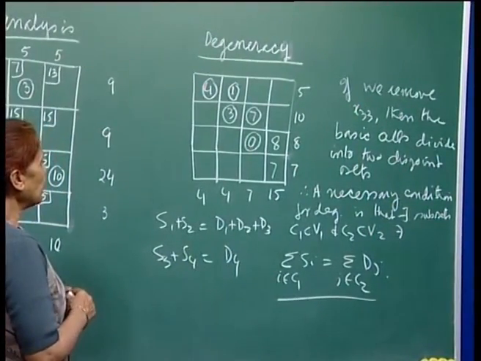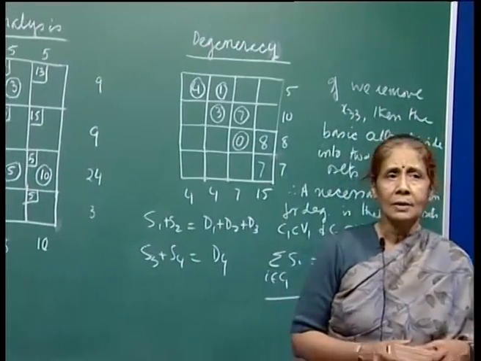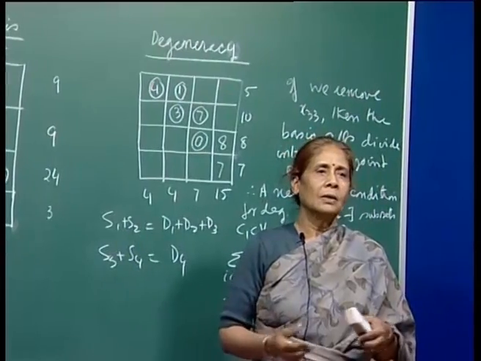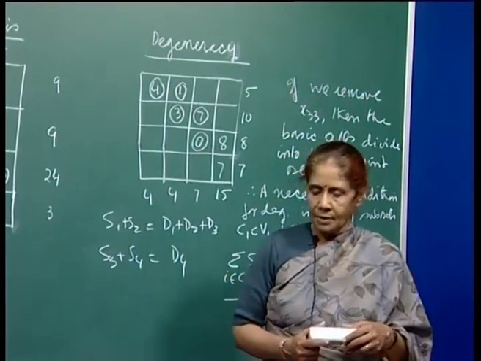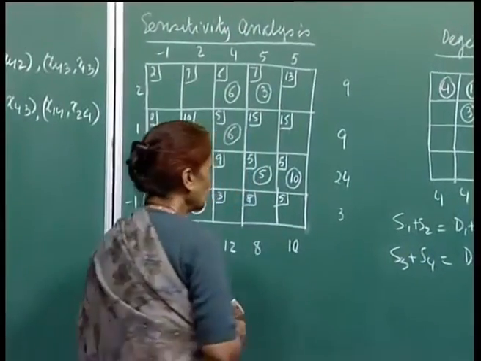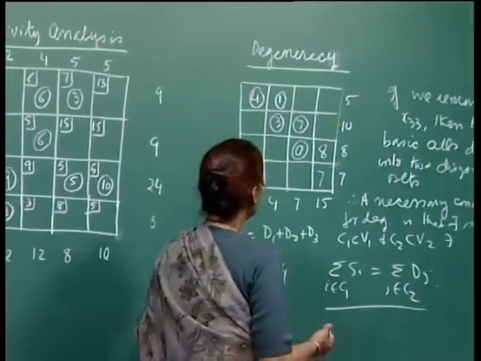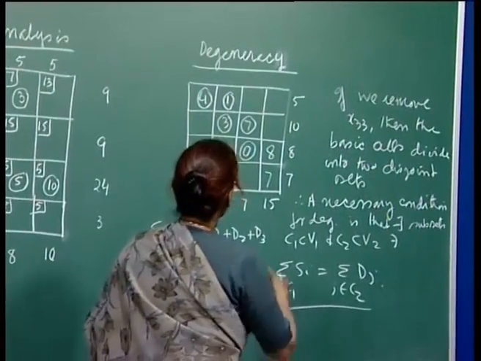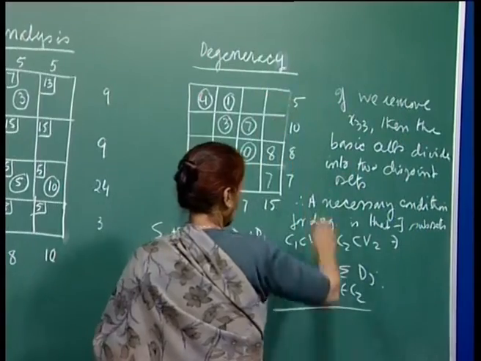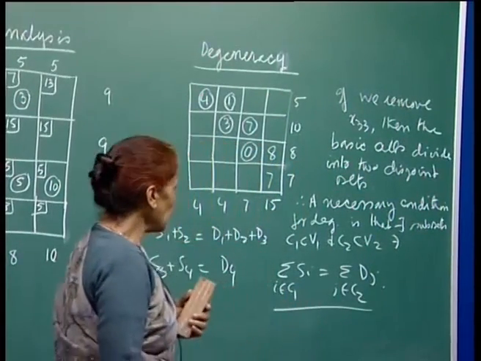Therefore, one needs to combat it. Again the question one can ask, or you should ask, is why not the simple Bland's rule? Yes, Bland's rule can be applied here. The rule would be that you enter the first cell with negative Cij bar, the first one you encounter.